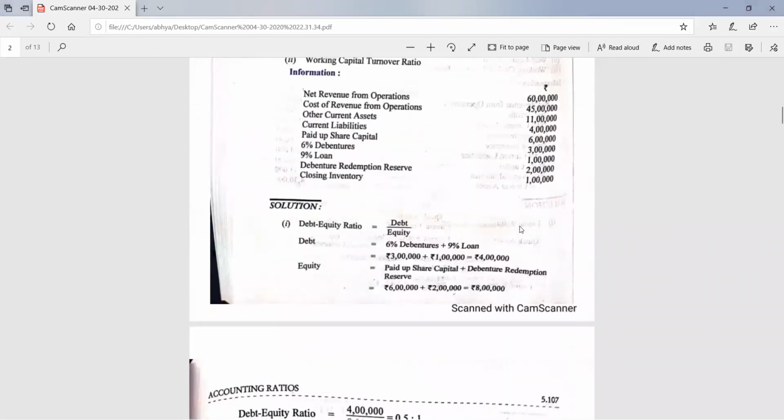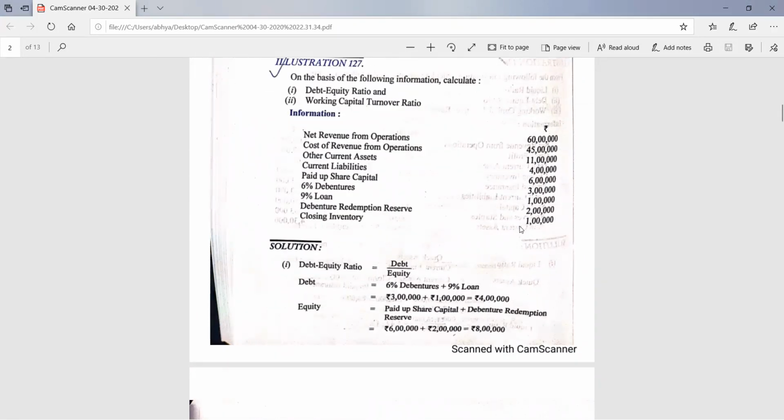Now working capital turnover ratio, RFO upon working capital. Working capital we can find out. Other current assets are given and closing inventory is given. Okay, so closing inventory will be added in other current assets. Why? Because if current assets would have been written here, then it means closing inventory is already added in current assets. But here the current asset term is not given. It means it's not the whole concept. Here other current assets are given.